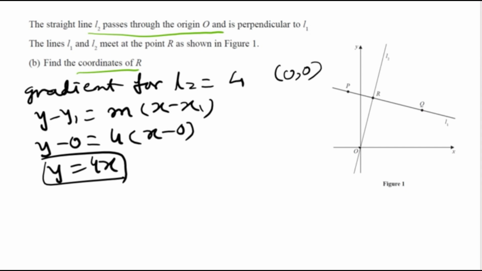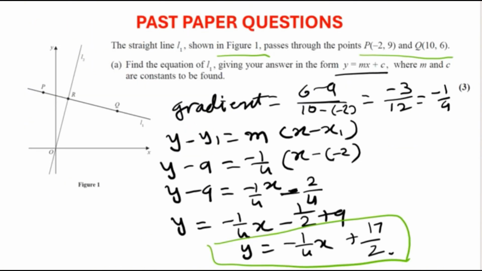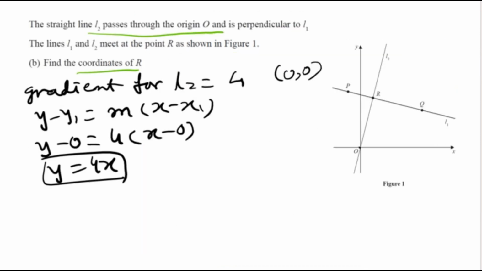So the first line equation which is given is y equal to minus 1 over 4x plus 17 over 2. And this line is y is equal to 4x. Now, when you have to find the intersection point, remember you have to equate the lines.